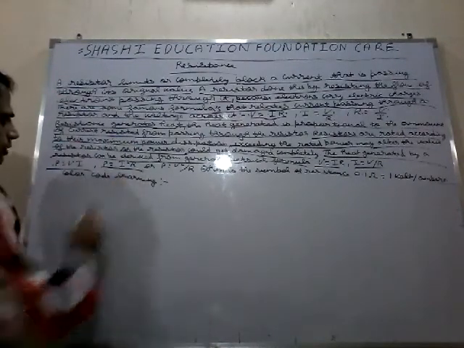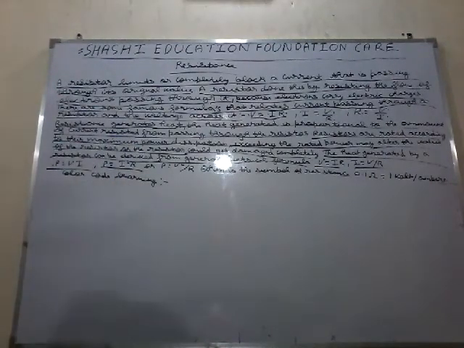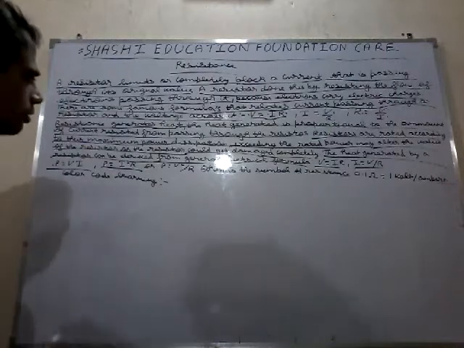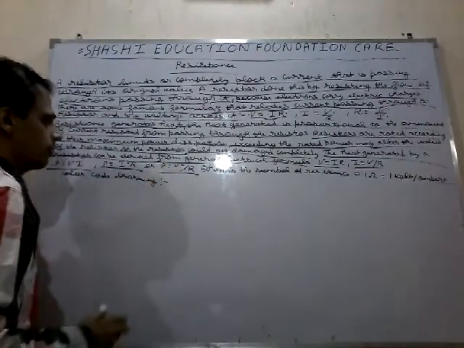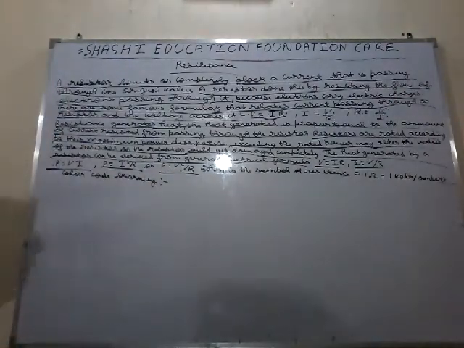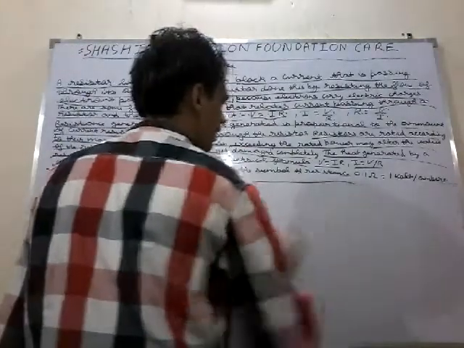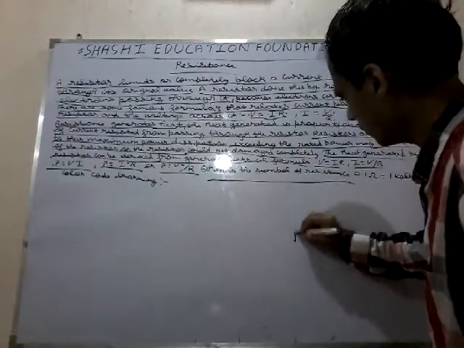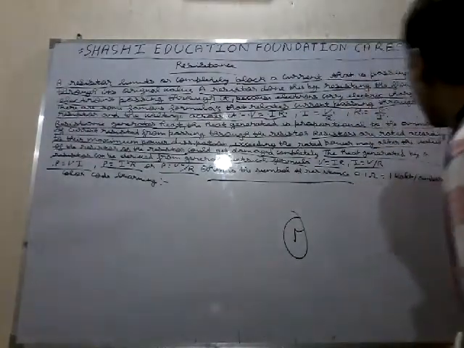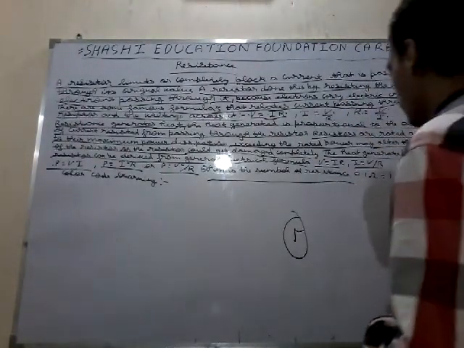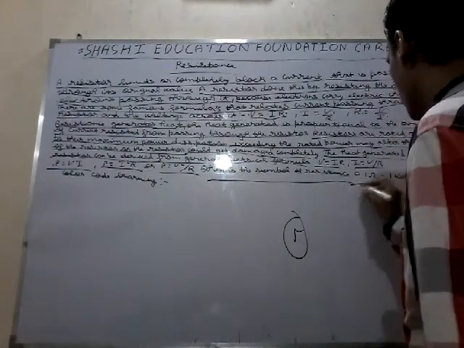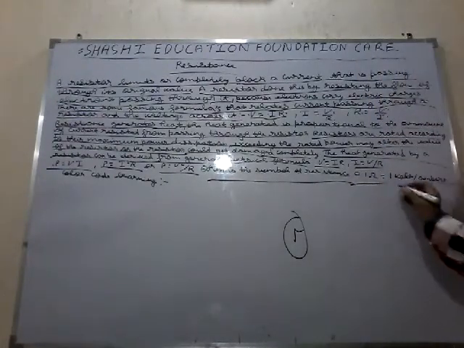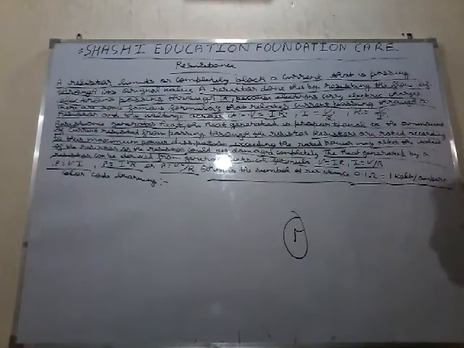Power equals current square into R, or power equals V square upon R. Ohm is the symbol of resistance. Remember this. This is the symbol of resistance. 1 ohm equals 1 volt per ampere.